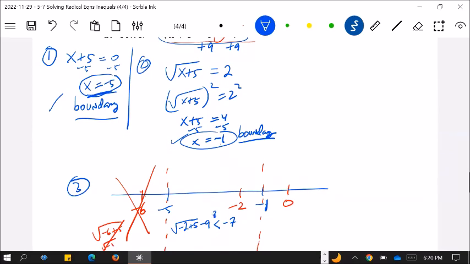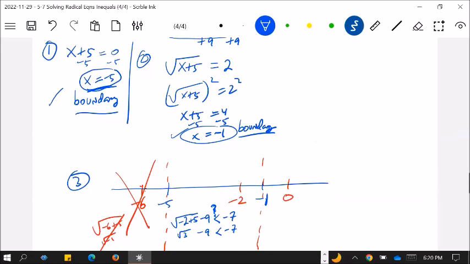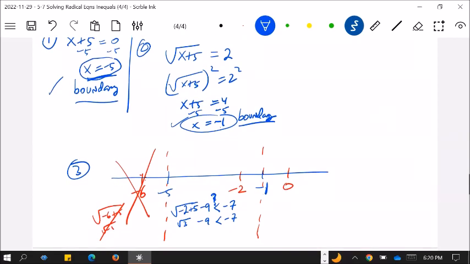We're going to see whether or not that's true. Well, negative 2 plus 5 is a square root of 3, minus 9, less than negative 7. The square root of 3, when you put that in the calculator, comes to about 1.7. So that's 1.7 minus 9.